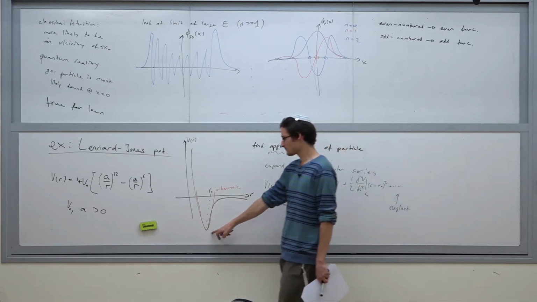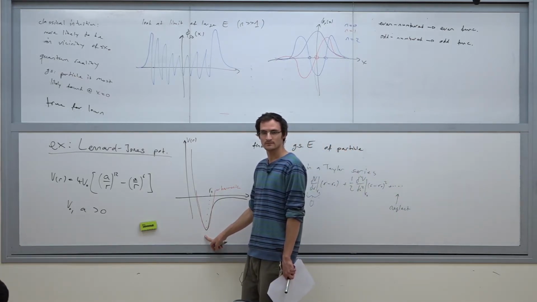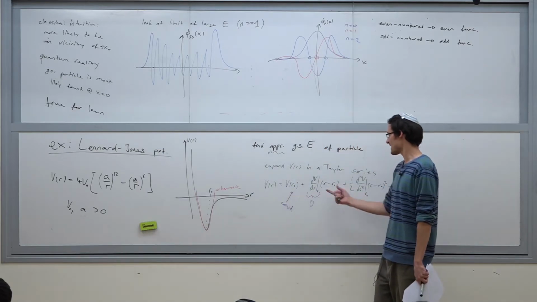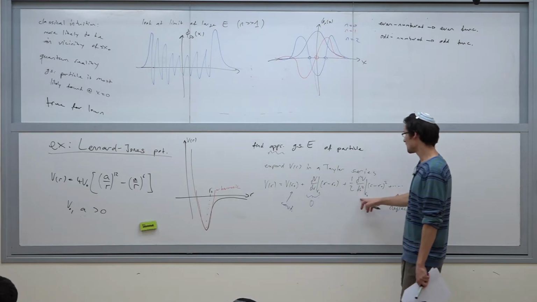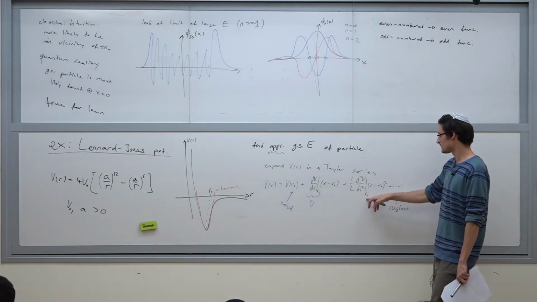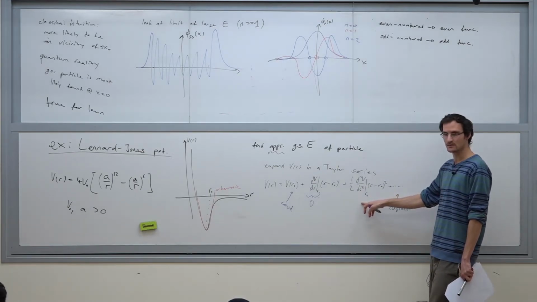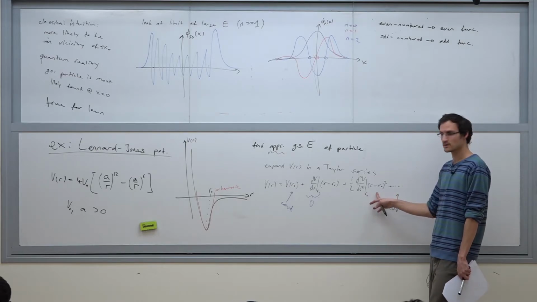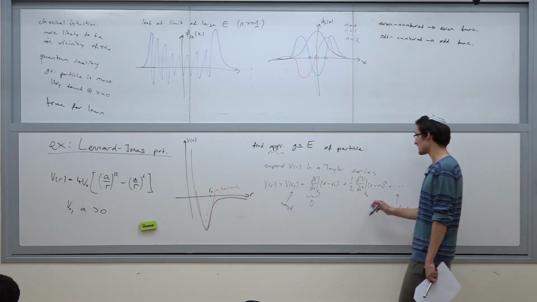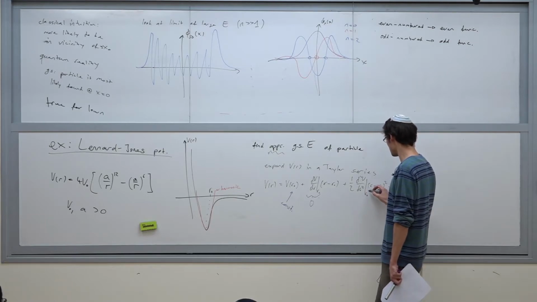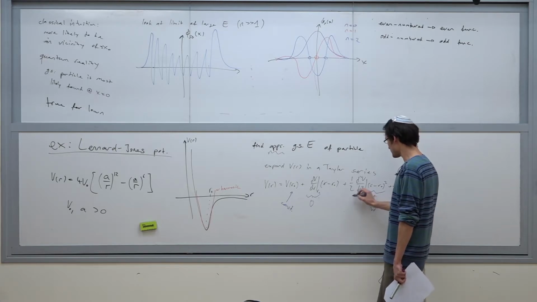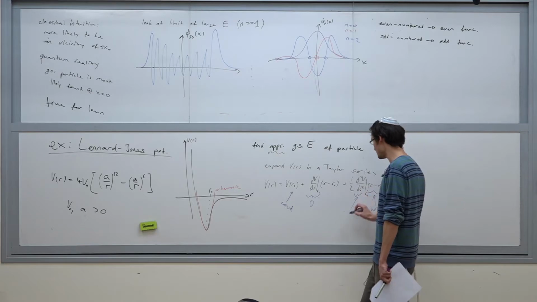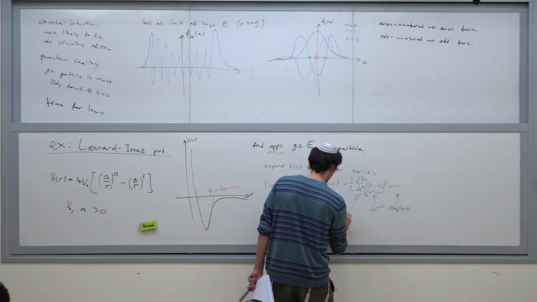Because it's the minimum, by definition. So by definition, the first derivative at the point where it's minimal must vanish, right? So the first contribution that has a meaning is the quadratic contribution, and that is harmonic. So this part here, it's squared, so this tells me that it's harmonic, and the second derivative will be related to the frequency omega.